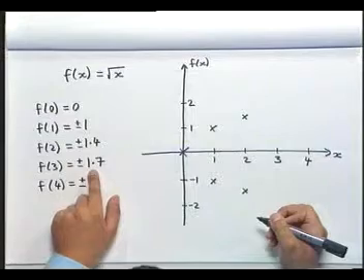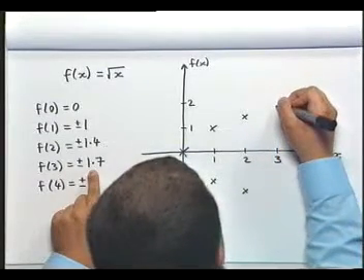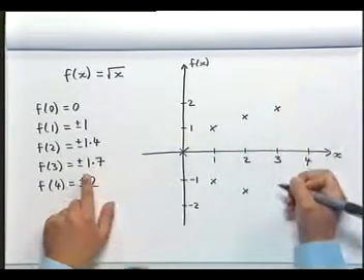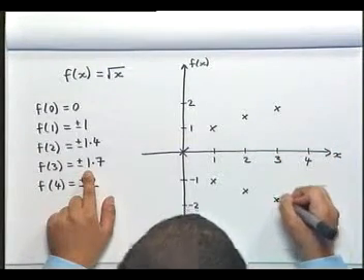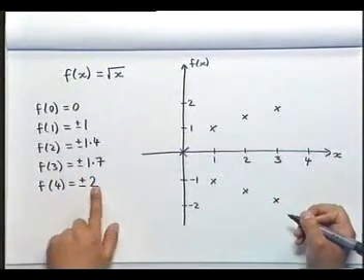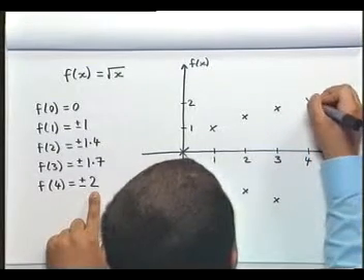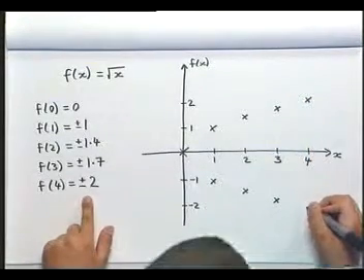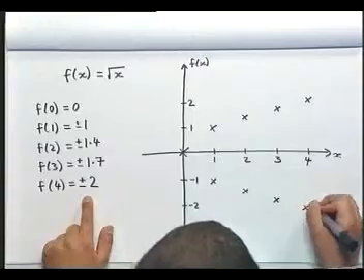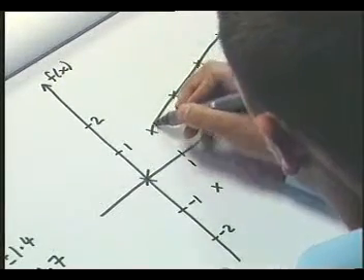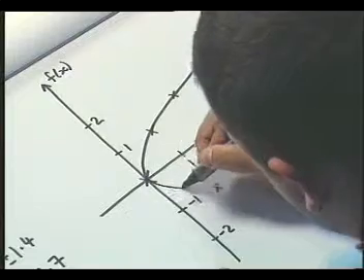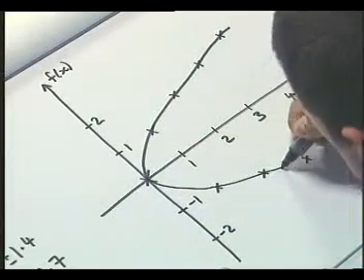We've got 3 and positive 1.7, and 3 and negative 1.7. And finally we have 4 and plus 2, and 4 and negative 2. Okay, and we've got enough points here that we can draw a smooth curve through these points. Let's get something that looks like this.